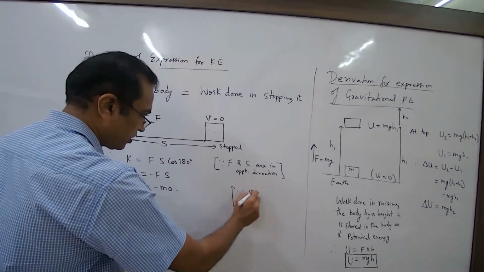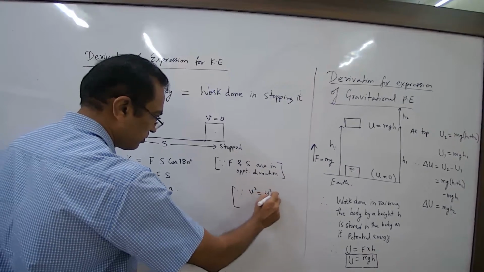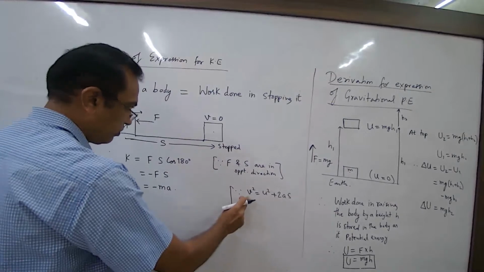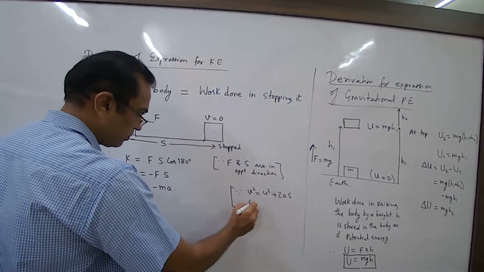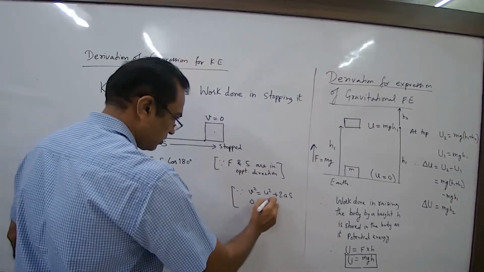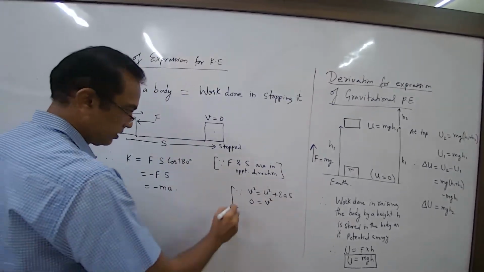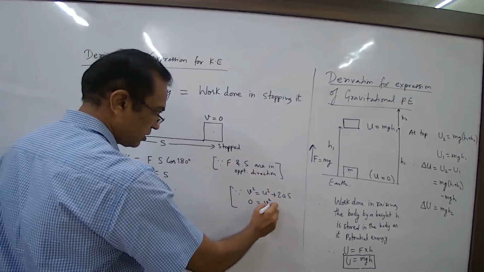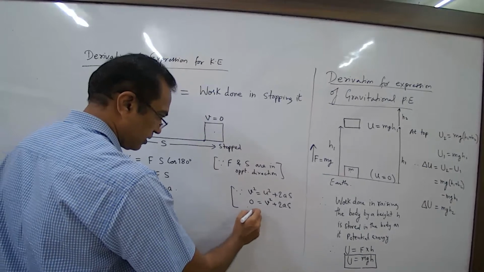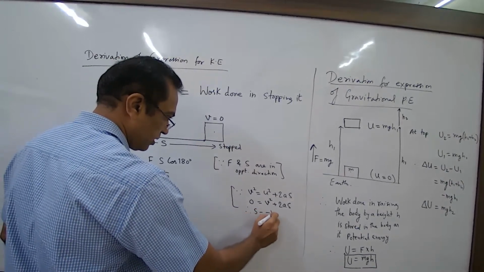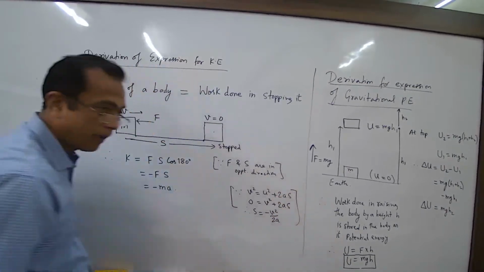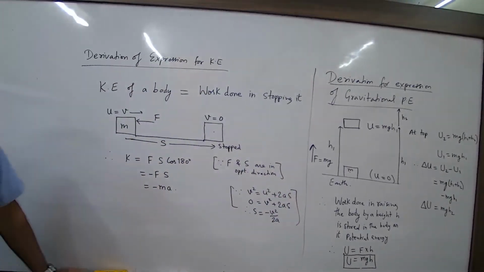Since v square is equal to u square plus 2as, but what is v? v is 0. What is u? The initial velocity was v, so 0 is equal to v square plus 2as. Therefore, what is s? s is equal to minus v square upon 2a. This is what we do. So be careful.